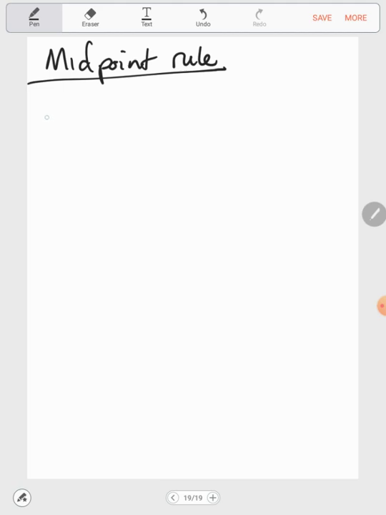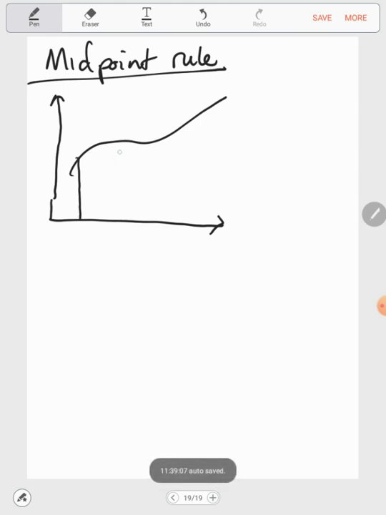We want to see how we can find this area. We have a similar case to what we had earlier, and we have our curve there.